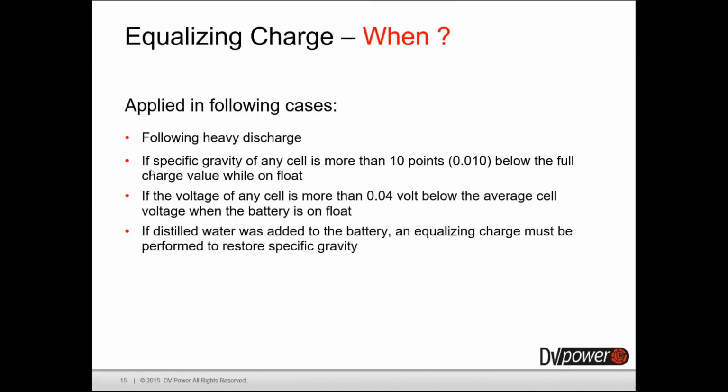This can be checked during regular maintenance with only the voltmeter, and if you notice this, then you need to perform an equalized charge. Or if distilled water was added to the battery, an equalized charge must be performed to restore specific gravity and to bring the voltage of all the batteries to pretty much the same level.